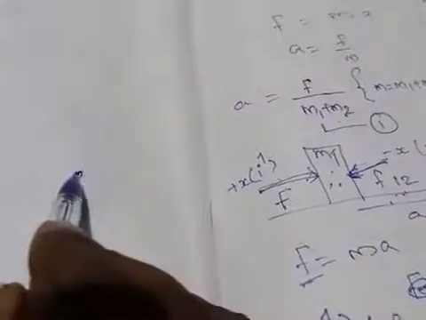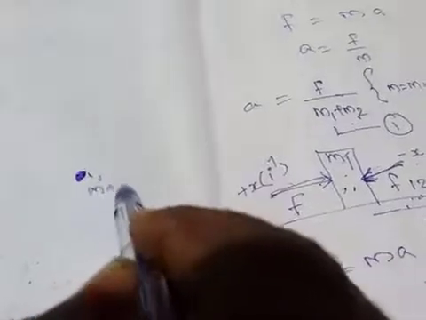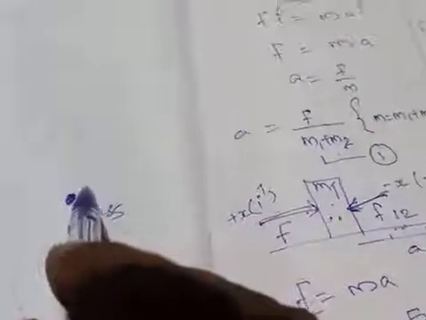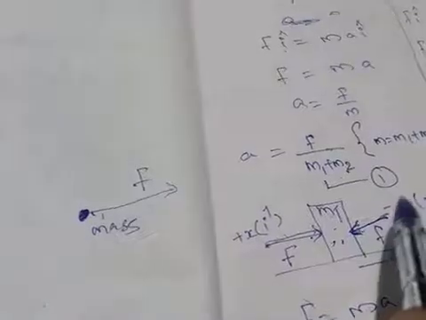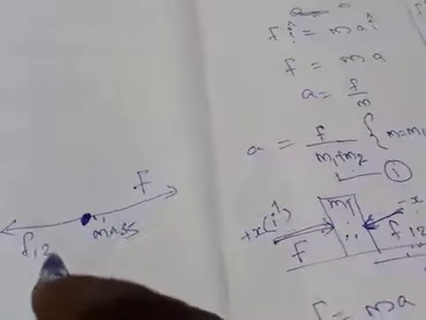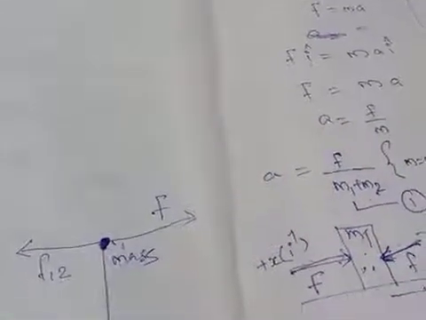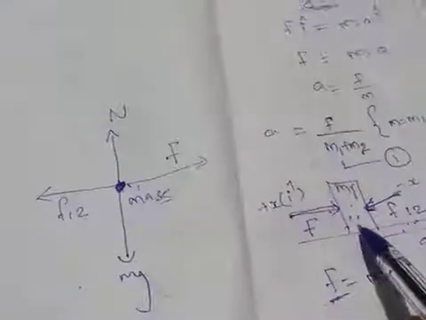It will be like this: this is the mass, force in this direction, and opposite, F12, downward mg, upward normal force. This is the free body diagram for mass M1.